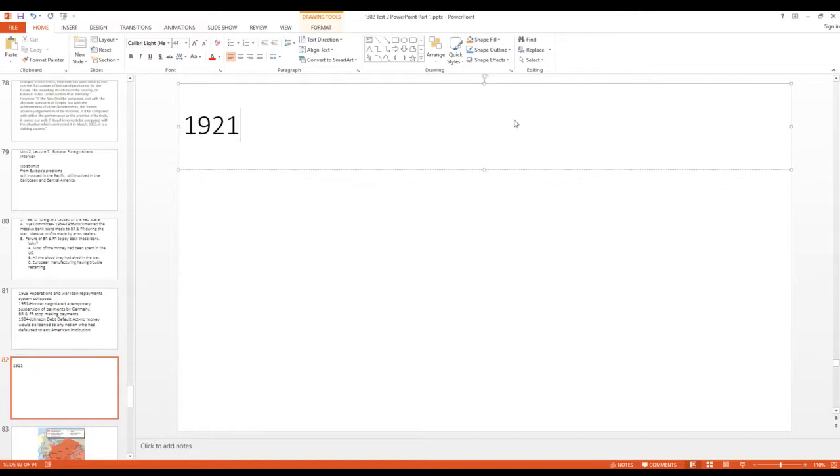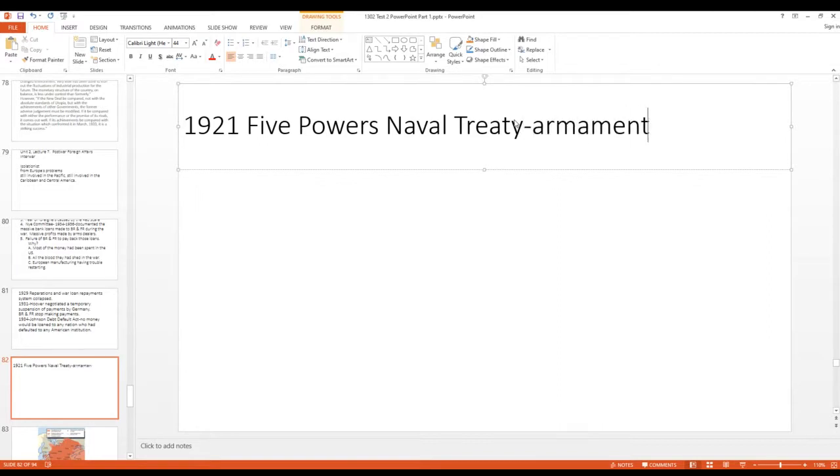And so this led in 1921 to the Five Powers Naval Treaty, which was an attempt, and a pretty good one, it worked, at armaments reduction.